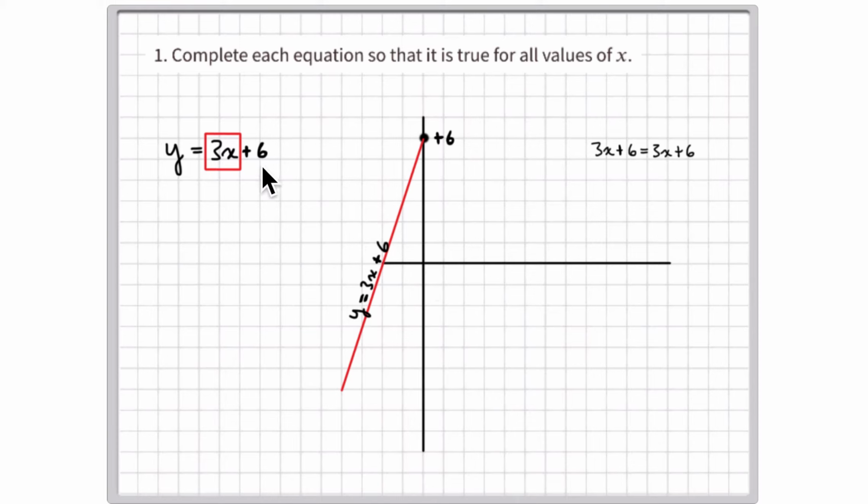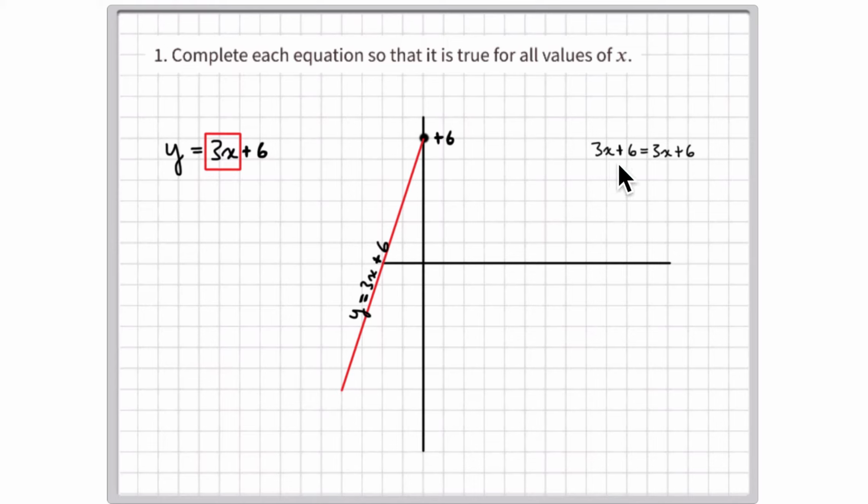And this line is going to intercept the y-axis at positive 6, because this is the slope-intercept form of the equation, where the coefficient of the variable is the slope, and this is the y-intercept out here. So y equals mx plus b, b is the y-intercept, m is the slope of the equation.